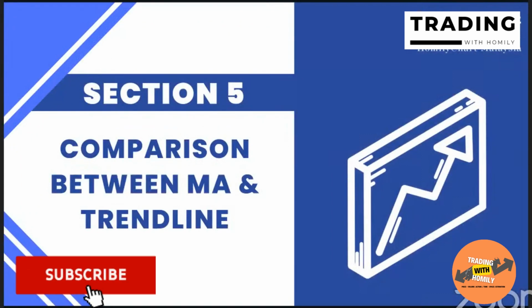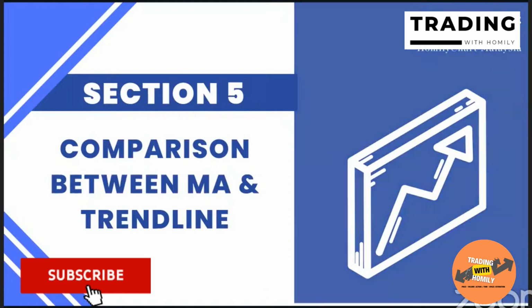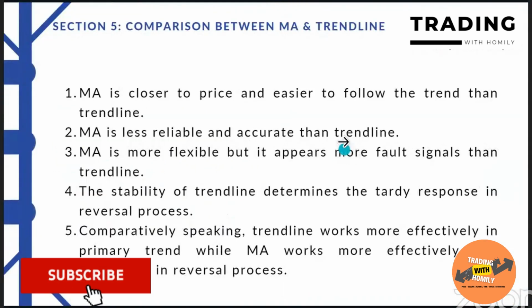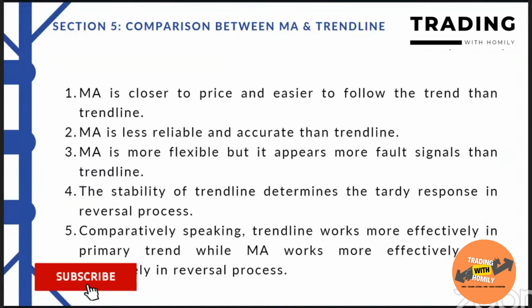Okay, so we go to comparison between MA and trendline. What is the difference between the MA line and trendline? Okay, trendline we have talked about before already. How to draw the trend line, if you see the uptrend, sideways, and then downtrend, how you can draw.